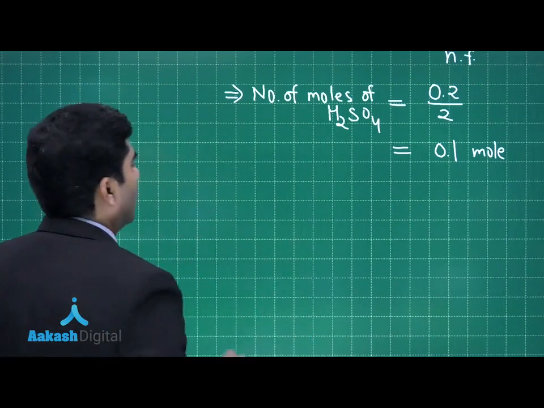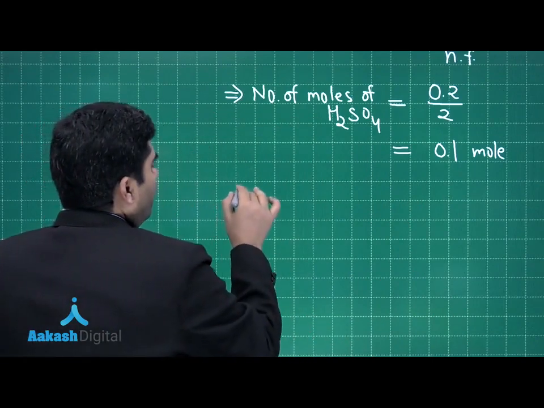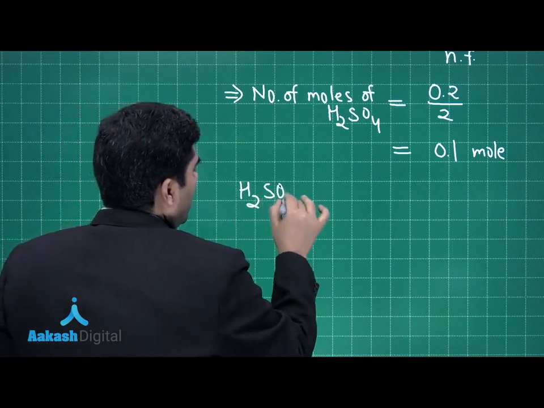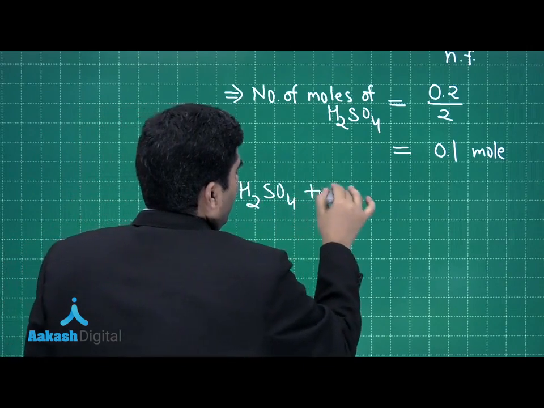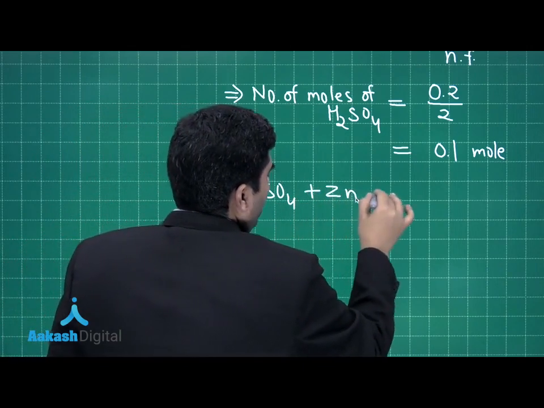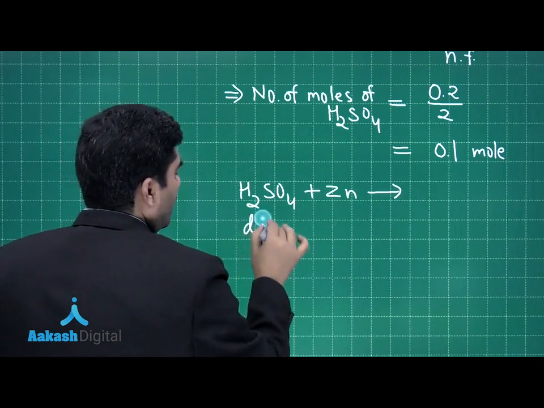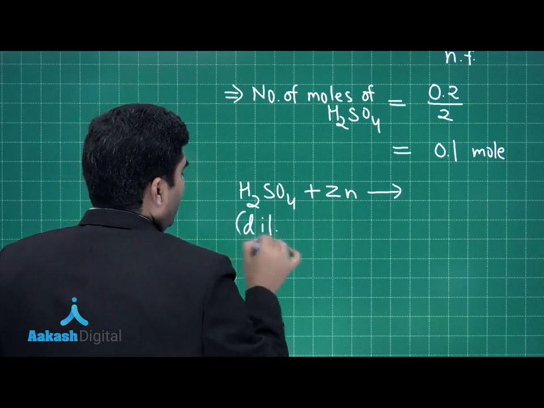So, the equation of reaction of H2SO4 with zinc, and one more thing, it is dilute.